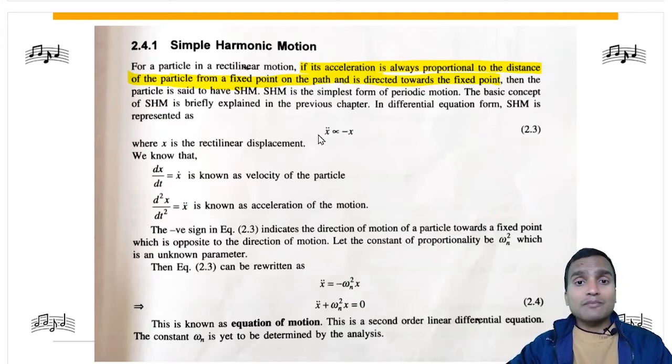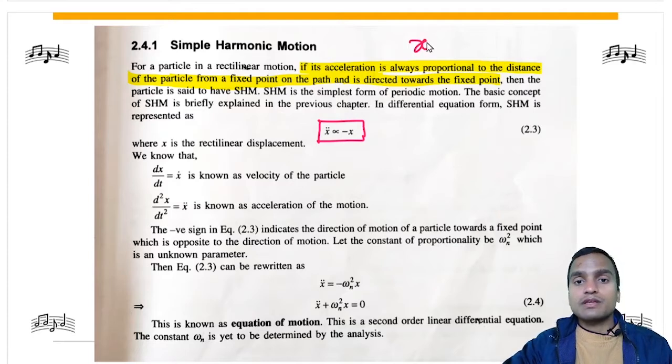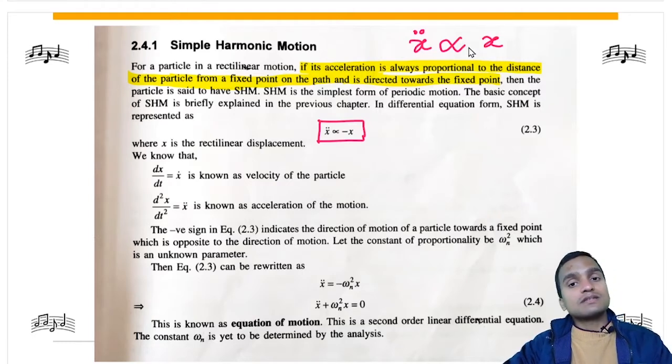This is the simplest form of periodic motion, and the basic concept is that acceleration is directly proportional to displacement. Acceleration, as you know, is represented by x double dot, and it is proportional to the displacement x. Now this acceleration is also directed towards the mean position, or opposite to the motion, so it is given a negative sign here.